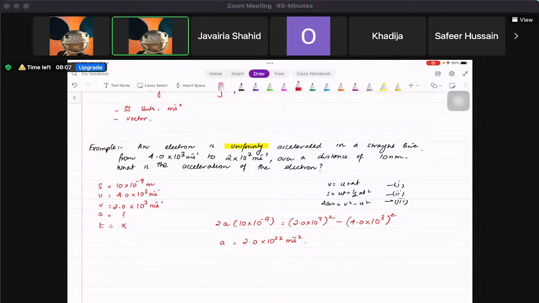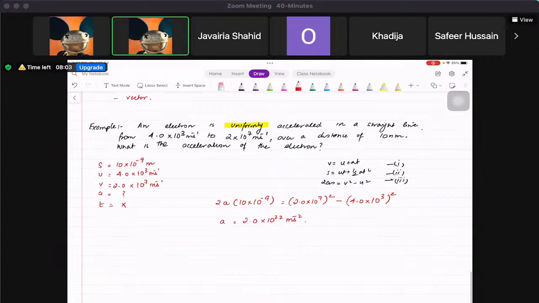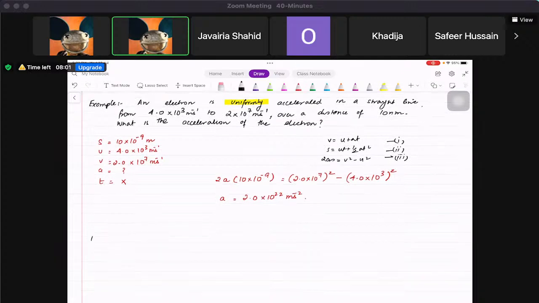Okay, a difficult one actually. So let's do an example here. It says that the distance between the red and yellow light is x.